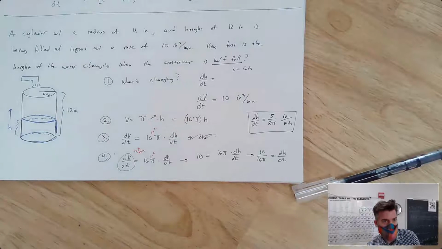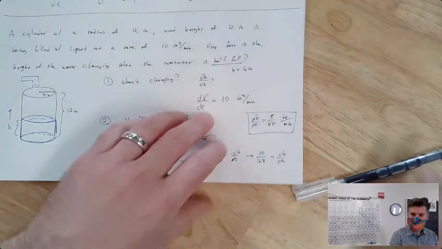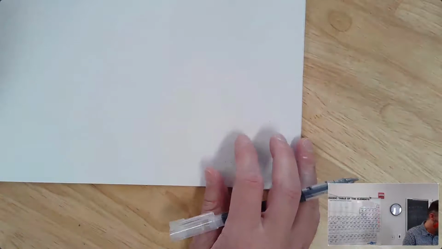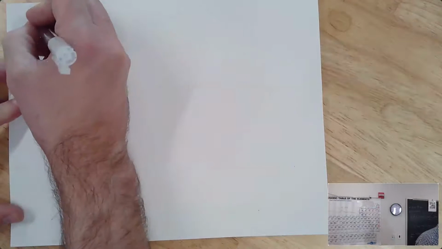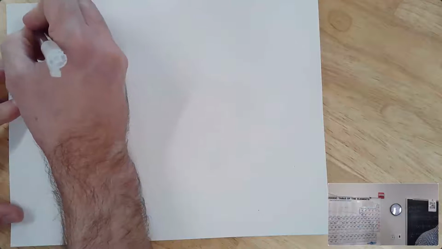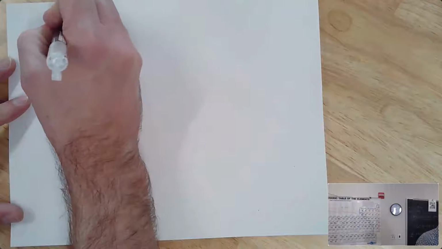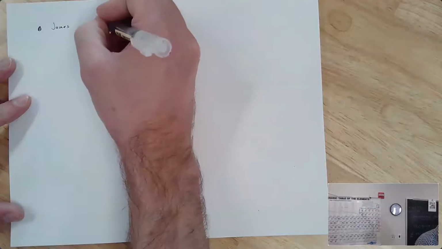Let's do this. Okay, so here's the example. I'm trying to make an example that doesn't have time, but it's still time. So check this out. Let's say James is getting shorter, he's shrinking.